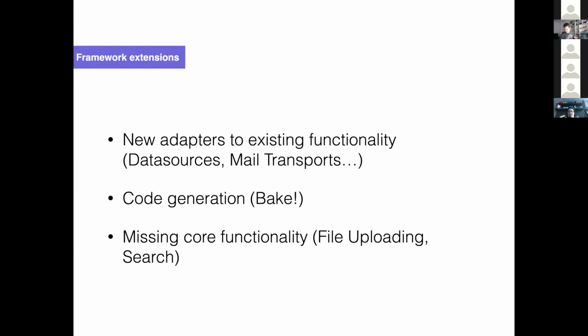And the same idea exists for mail transports, where you can use Amazon SES or Mailgun as opposed to just SMTP, which we ship in the core, auth adapters, etc. This even extends to some of our inner classes, such as data source column types. So potentially you could add a JSONB data source type or something like that. While we do try to include a wide range of adapters and extensions to things in the core, you're always welcome to build your own, and maybe someday they'll land in the core.